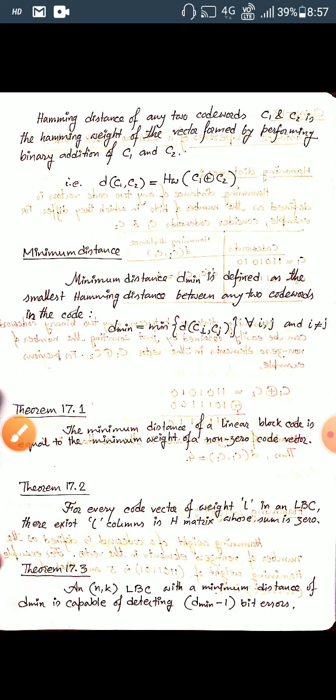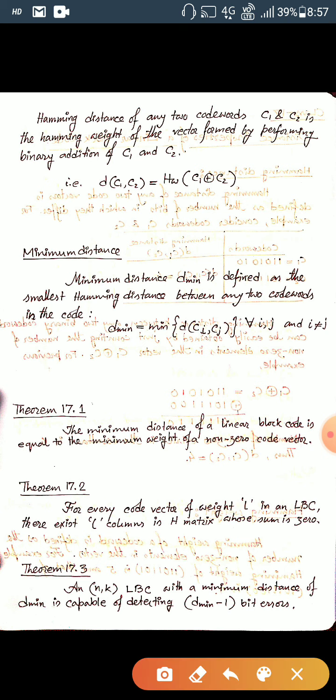There are some theorems or conclusions that can be made here. You just recall them for your further requirement. That is theorem 17.1. Here 17 is the class number, and this is theorem number 1. The minimum distance of a linear block code is equal to the minimum weight of a non-zero code vector.